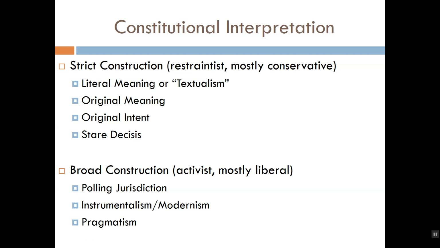Now again, and this is Oklahoma, so I think that a lot of us can get very uncomfortable with this idea. But understand that it's not always the most terrible thing in the world. There are many cases which have created and protected rights that we enjoy today, which use a pragmatic approach to interpreting the Constitution.